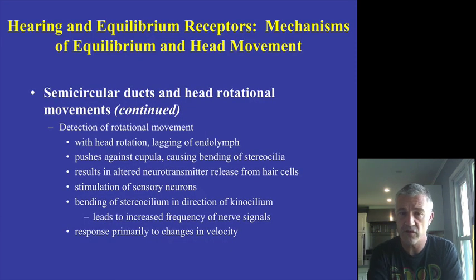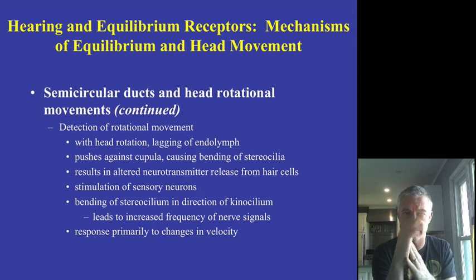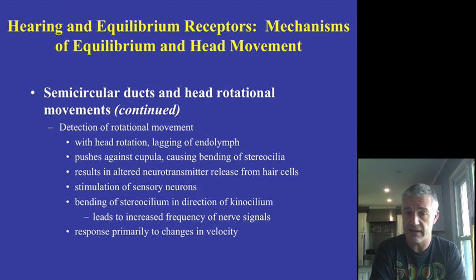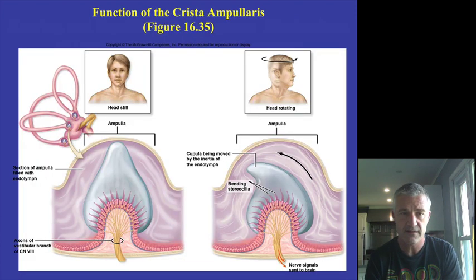With rotational head movements, you have the endolymph traveling through there. It is this fluid inertia that bends that little gelatinous top and moves those stereocilia towards the kinocilium. If we lean it towards the kinocilium, you increase frequency, and it can respond to changes in the velocity of the fluid traveling through those ducts.